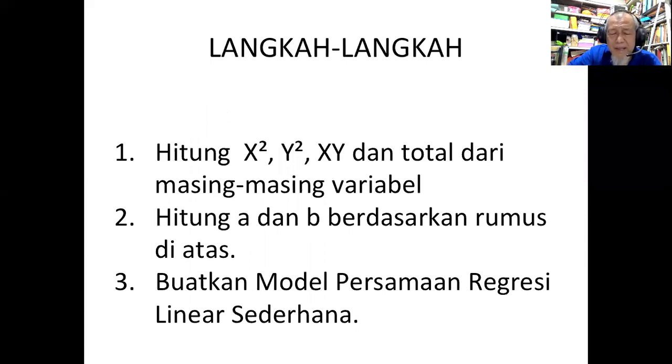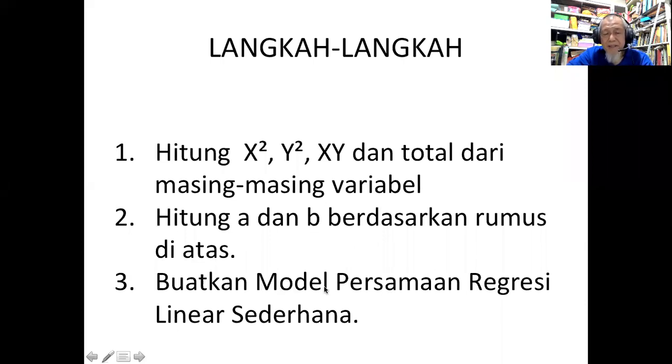So the steps in calculating the regression formula are, first of all, we'll have the worksheet as usual, and then we'll have the scores or the data on X and Y. And then we have to square X and square Y, and multiply X and Y, as usual when you are doing the correlation computation. After that, having the data on X squared, Y squared and X times Y, you can start calculating the constant and the regression coefficient.